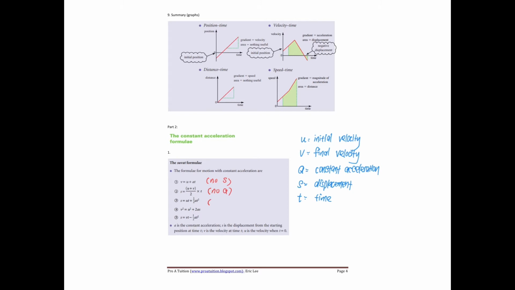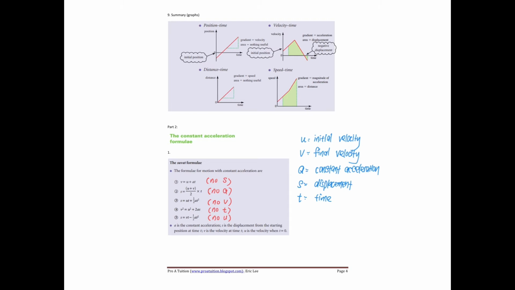The third formula is suitable when there is no final velocity. The fourth formula is suitable when there is no time. And the last formula is suitable when there is no u. So these are the formulae that can be used to calculate whatever they ask.